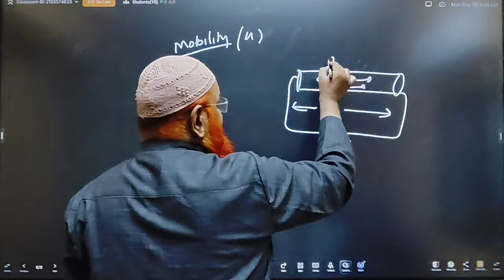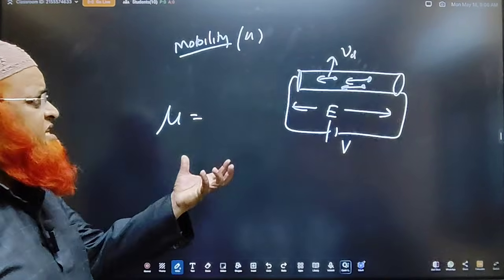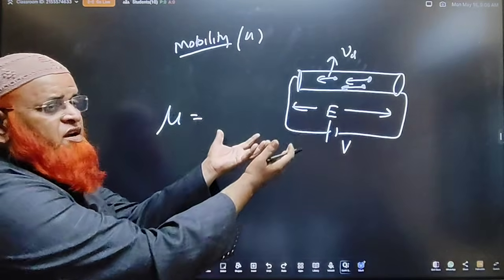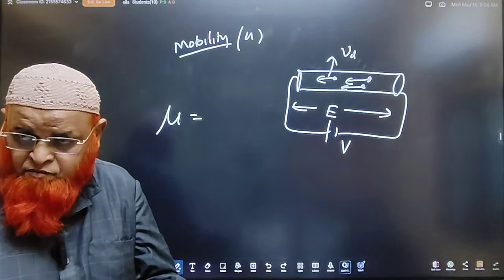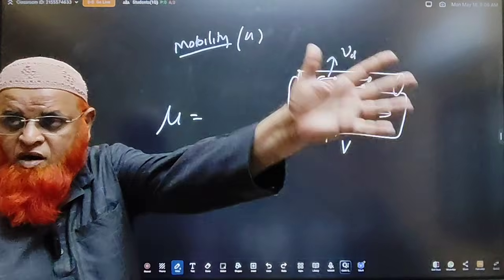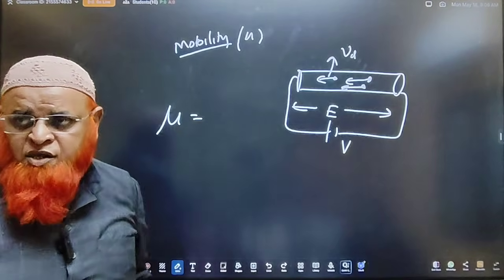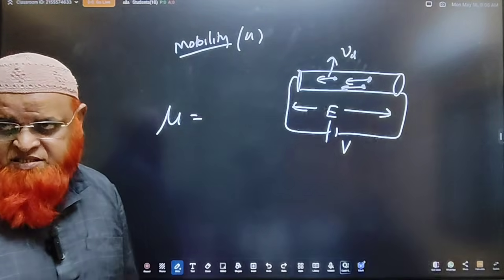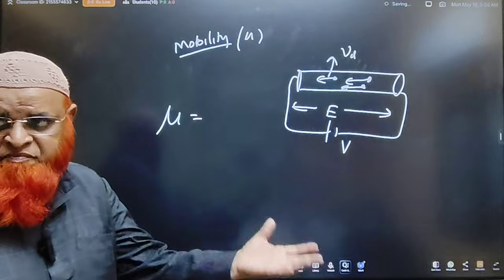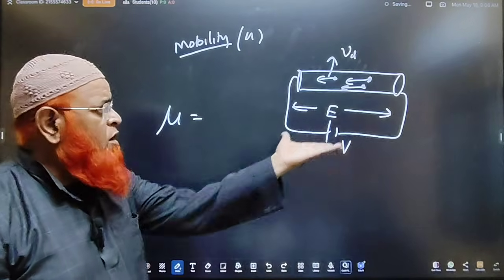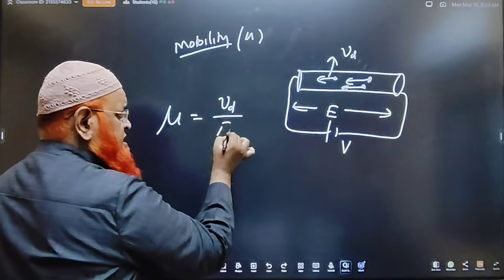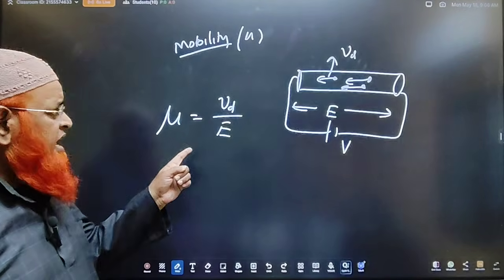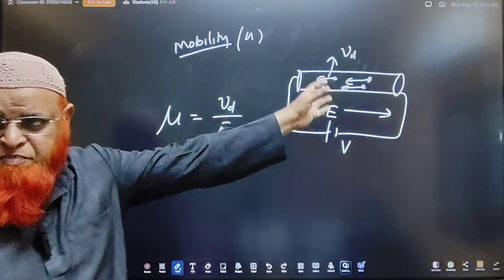The motion is created in an electron whenever you apply the electric field. Mobility means movement. Mobile means you can carry and move from one place to another place. So mobility means motion, movement. That movement you will get only when you apply electric field. So whenever you apply an electric field, there is a drift velocity in a conductor. A very simple definition.